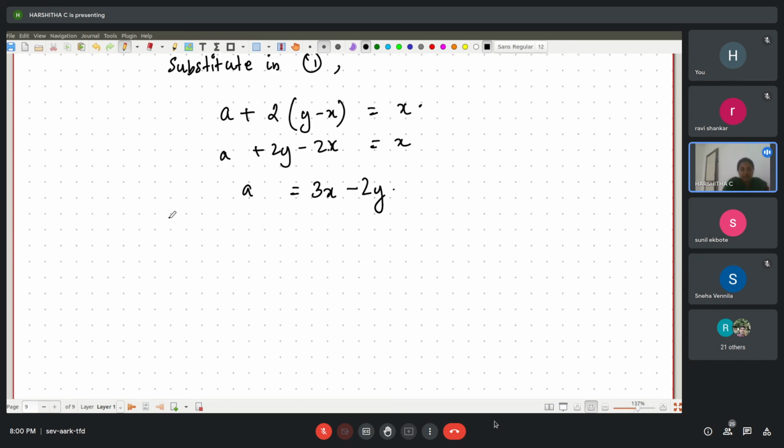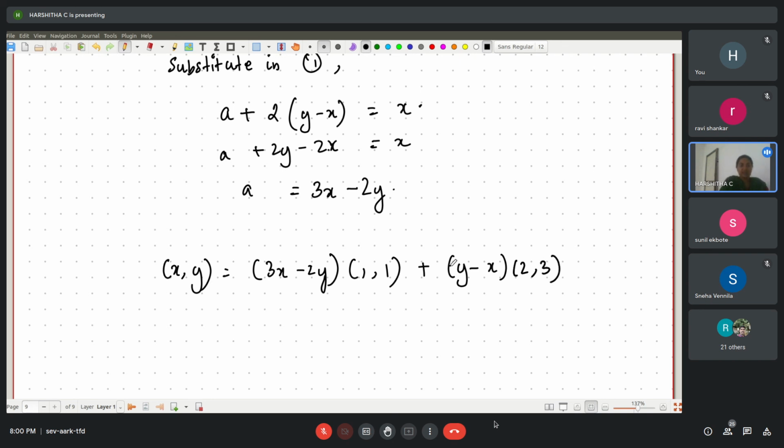So what this means is you take any (x, y), and it can be written as (3x minus 2y) times (1, 1) plus (y minus x) times (2, 3). You can in fact just multiply and check if you wish. Now you know what to do.